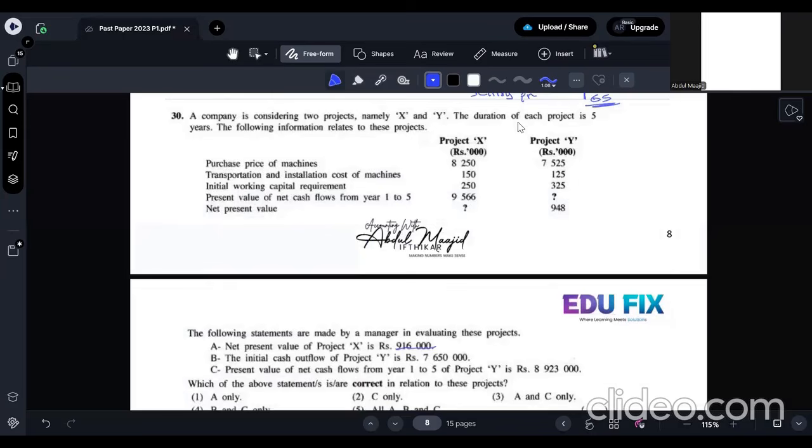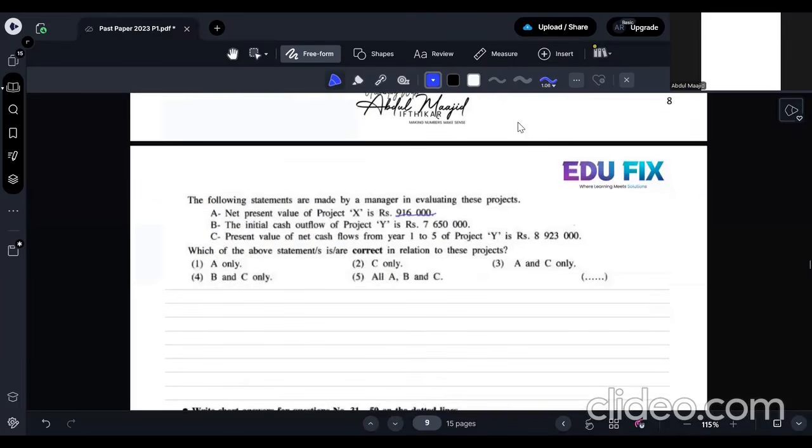From the present value of year 1 to 5, if you deduct the initial cash outflow, you can get the net present value. So net present value equals present value of net cash flow from year 1 to year 5 minus initial net cash flow.